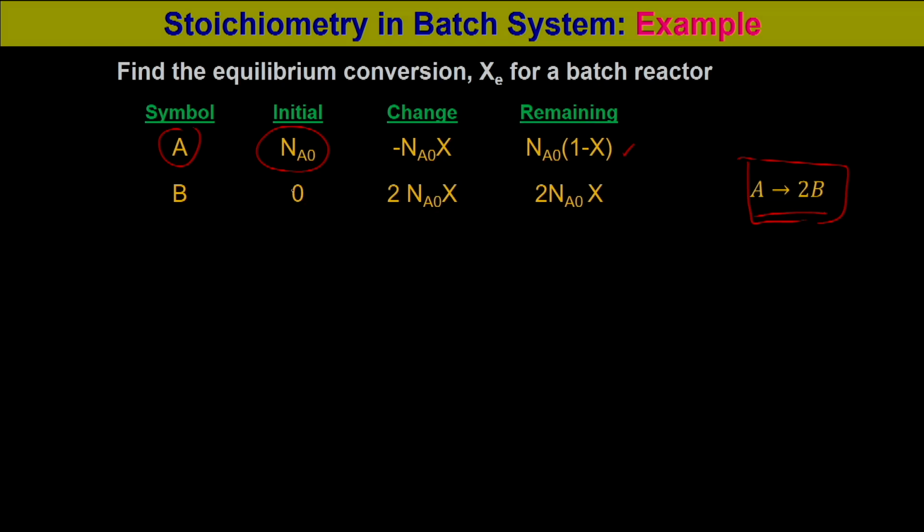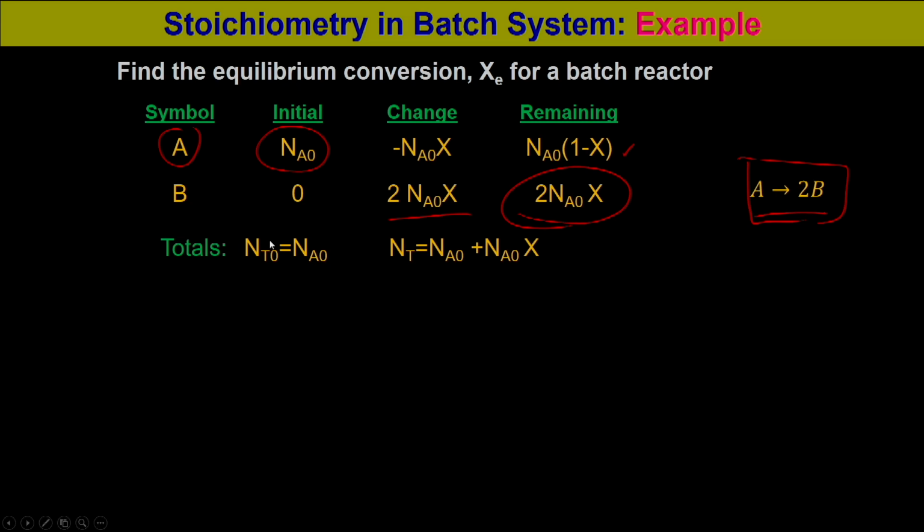So, initial B is 0, the change would be twice Na naught x, and then the remaining would be twice Na naught x for B, which is the product. Now, the total initial Nt0 would be Na naught, and Nt would be, if you just add them, Na naught plus Na naught x.